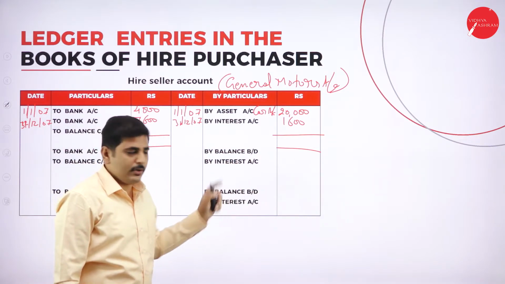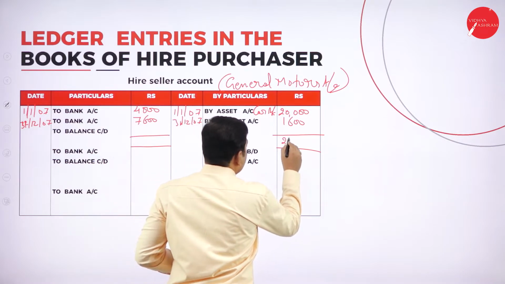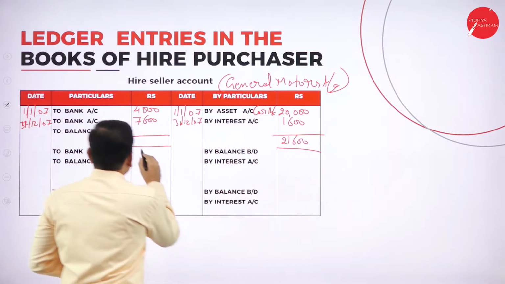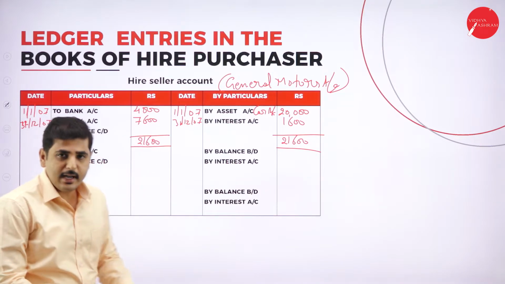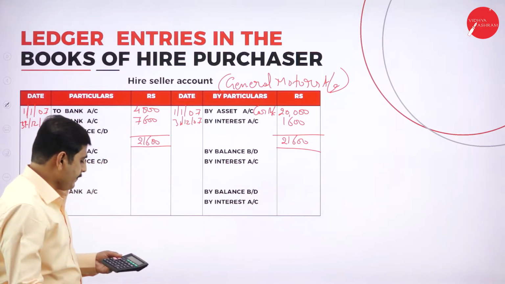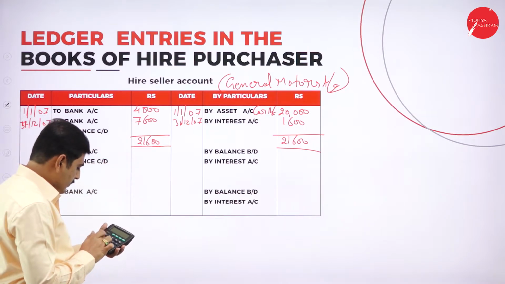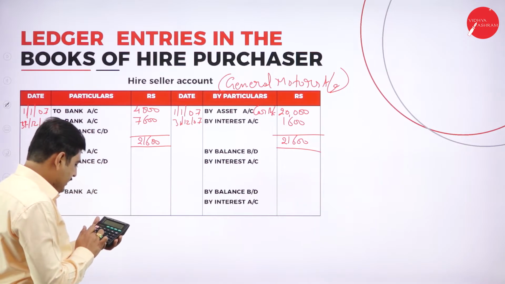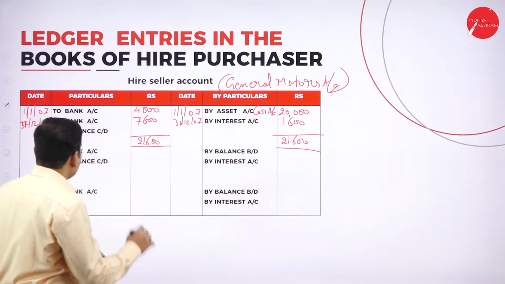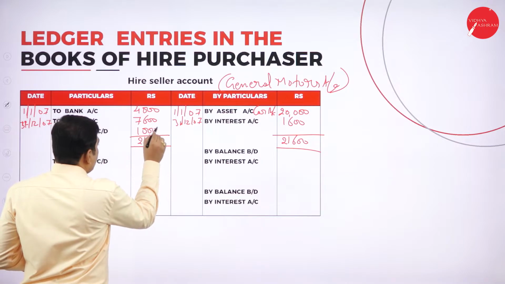So let's tally both the sides, 21,600 here also, and write the remaining balance as carried down. So it is 21,600 minus 4,000 minus 7,600. So we'll get 10,000. 10,000 should be carried down.